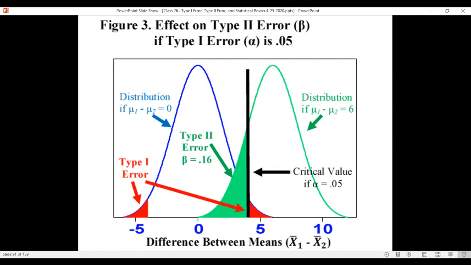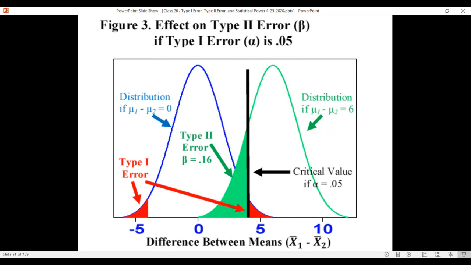Now, let's imagine a researcher draws paired samples, computes t, and sees if t lies in the critical region of the sampling distribution with alpha equals 0.05. Now, ask yourself, what color is the critical region in this slide? That's right. In these slides, the critical region, which has two parts, is red.